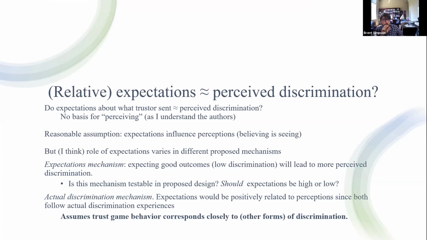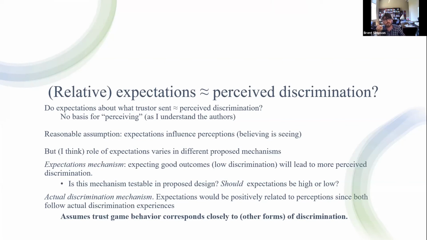And then we can see that expectations play a somewhat different role in the actual discrimination mechanism, whereby integrated immigrants accurately perceive higher levels of discrimination and thus report higher levels of discrimination. Here, expectations should be positively related to perceptions, since both follow actual discrimination experiences.